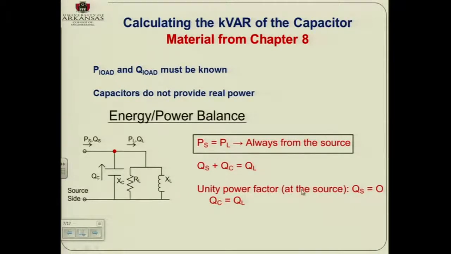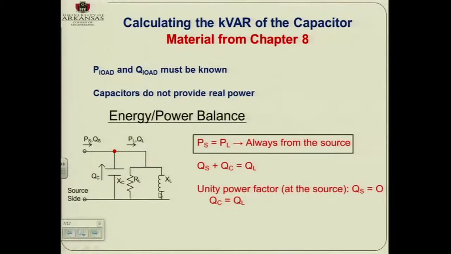And so, if I want unity power factor, QS is equal to 0. This load is my electric motor, or my building, the Baldor building, where I have a certain reactive power demand. I cannot change that, because that's what the load, what these lights, require.